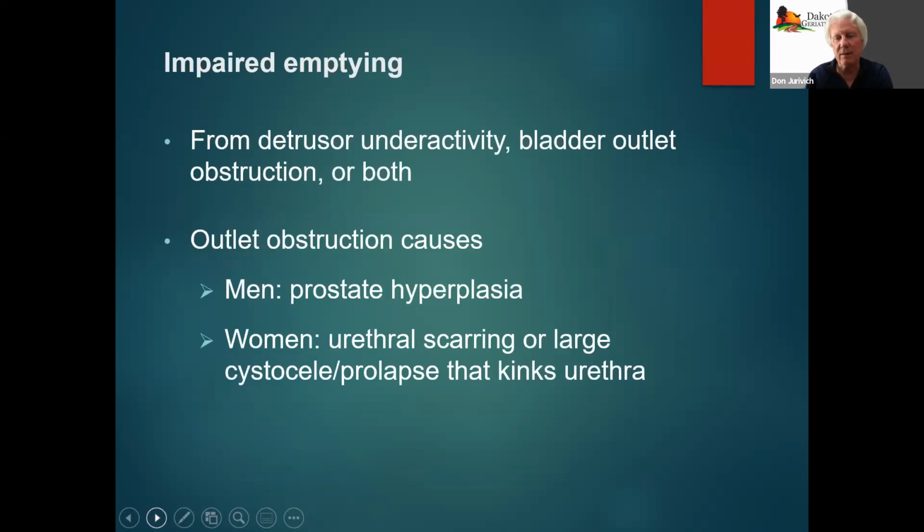So this flaccid underactive bladder is associated with detrusor underactivity. And outlet obstruction, such as BPH, can often cause this. In women, there might be a cystocele. That's when the vaginal vault protrudes outwards.